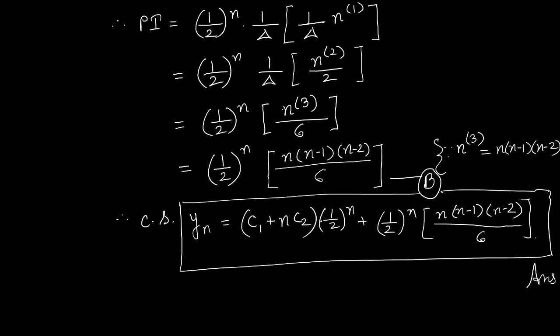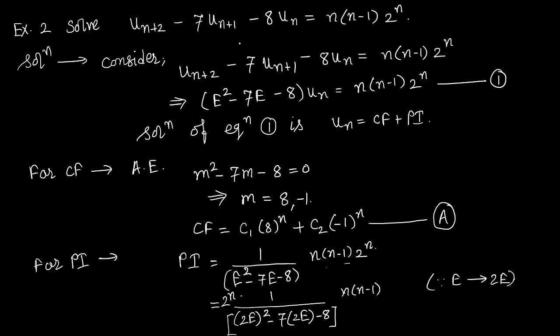One time integration is n to the power 2 factorial upon 2, and another integration is n to the power 3 factorial upon 6. Now we substitute the value of n to the power 3 factorial, and we get the required PI. Lastly, we write down the complete solution. This is the value of CF, and this is the required value of PI. In this way, we solve the problem of the fourth case.